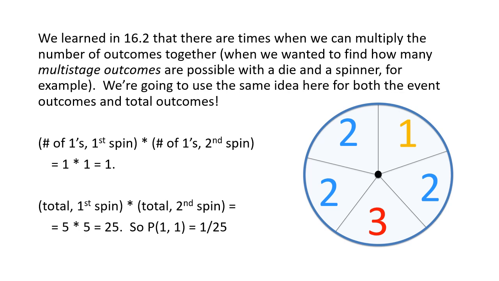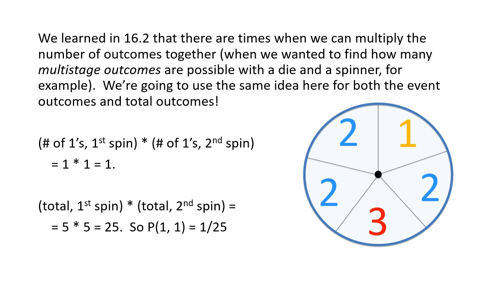If we look at how many ways I can get a 1 on that first spin, well, there's 1. And if we look at how many ways I can get a 1 on the second spin, that's 1.